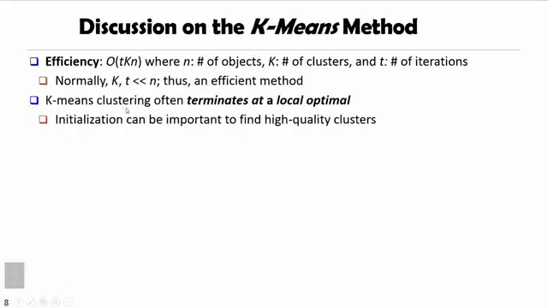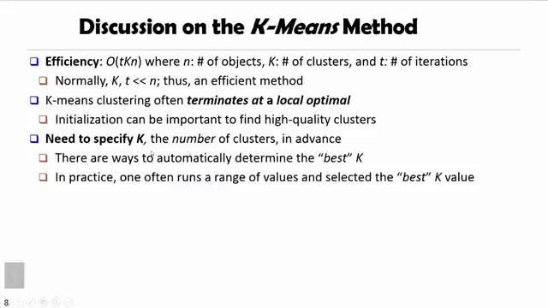However, k-means clustering may often terminate at a local optimum. Then the initialization becomes important. If you want to find high-quality clusters, we need a smart initialization, or we need to randomly initialize many times to try to find a good clustering result. Another important thing is how to specify k, the number of clusters.